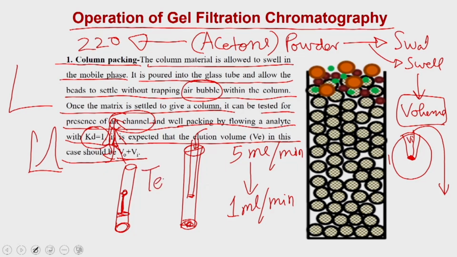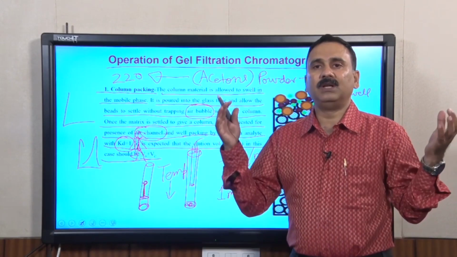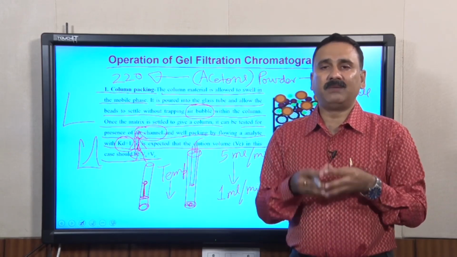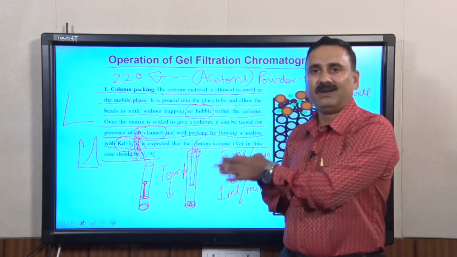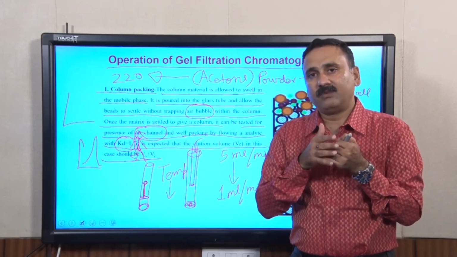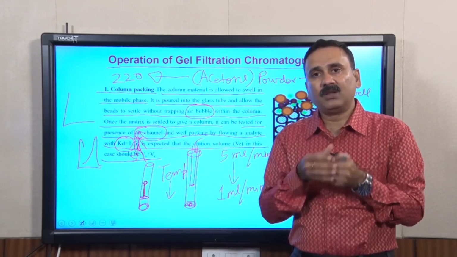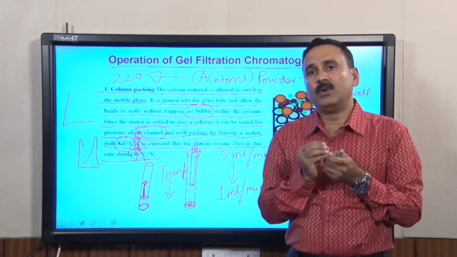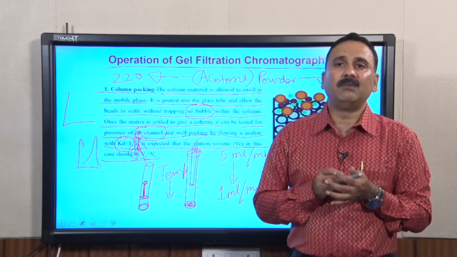If you change the temperature of packing from the running temperature, the temperature is going to expand the liquids, and it is going to expand the air which is present in that liquid. If you go from 4 degree to 37 degree, you are expanding the air dissolved in the water in which your column is packed, and this expansion of the air is going to come out and create channels as well as bubbles.